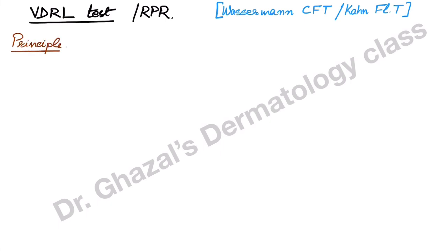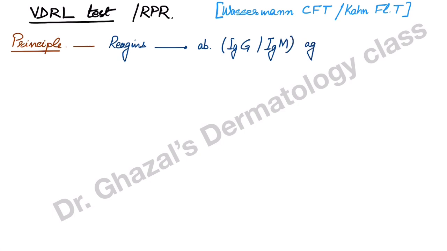So what is the principle of the VDRL test? In this test, we detect the reagins. Reagins are antibodies which may be IgG or IgM. These are antibodies against the lipoidal constituent of Treponema pallidum, which acts as the antigen for reagin. So these antibodies known as reagins are nothing but anti-lipoidal antibodies, and they are non-specific.